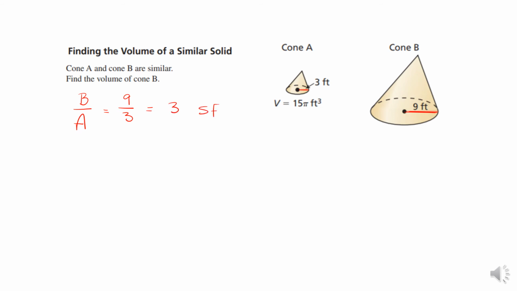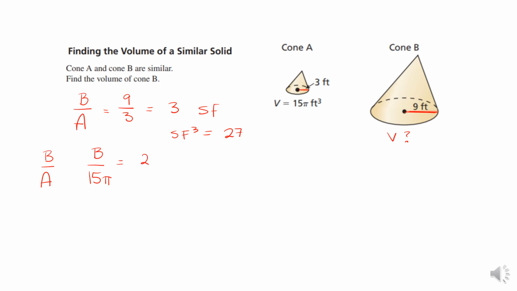Okay, so now I'm going to use the scale factor to find the volume of B. I'm going to again keep my ratio the same, and I'm going to do the volume of B, which is the one I don't know, and the volume of A is 15 pi. Then I'm going to set that equal to the scale factor cubed, which would be 27.